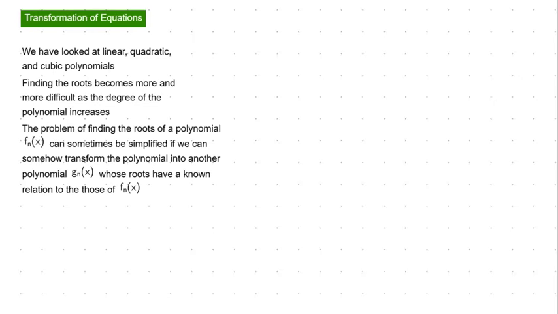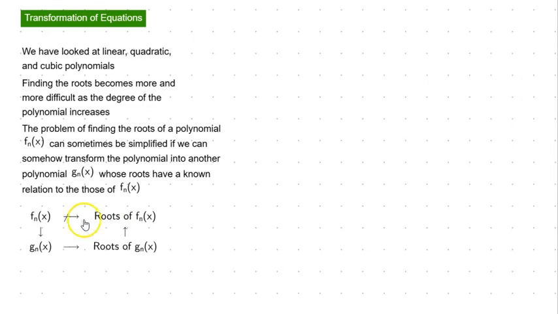So we start off with f sub n of x, difficult to find the roots directly. So we transform f sub n of x to another equation g sub n of x whose roots are simplest to find and whose roots have some known relationship to the roots of f sub n of x.